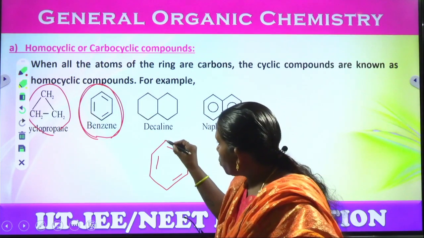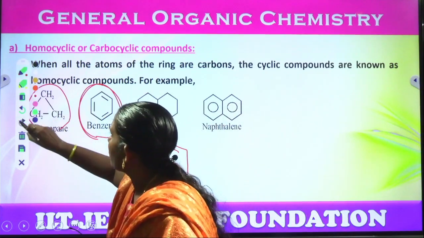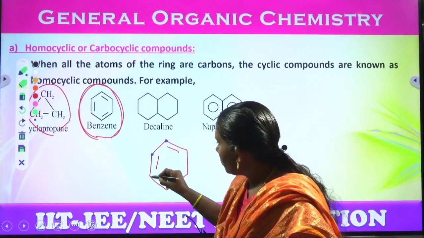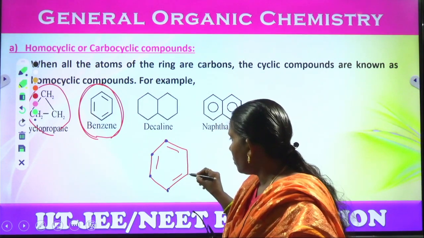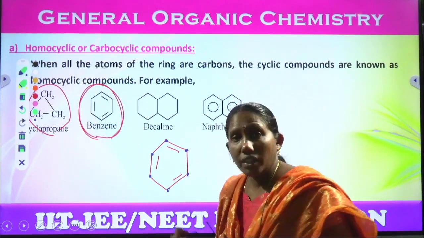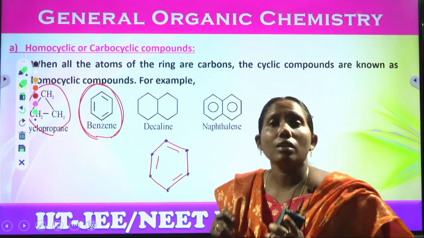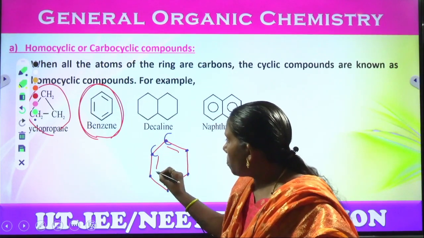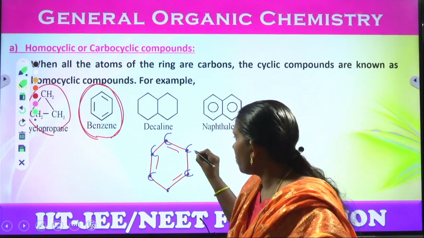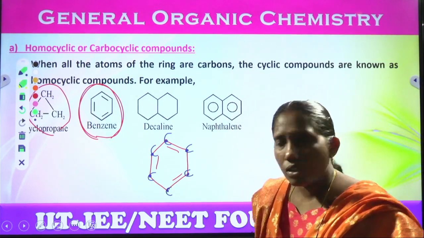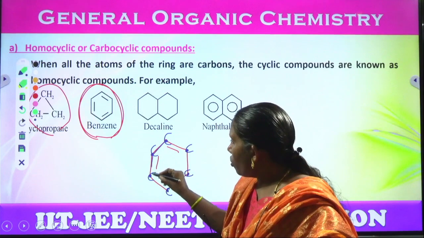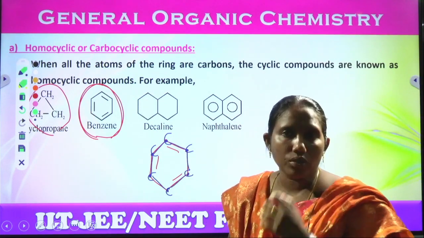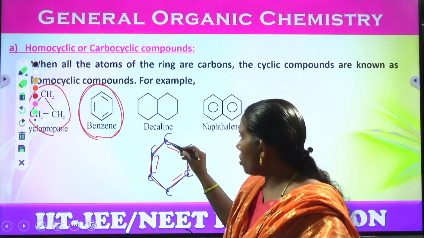So each corner here represents 1 carbon. In organic chemistry, each corner represents 1 carbon, right? So in the carbon chain, only carbons are present, so this is called a carbocyclic compound. Only carbons are there, each dot.